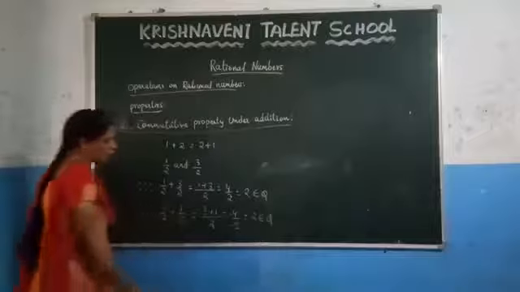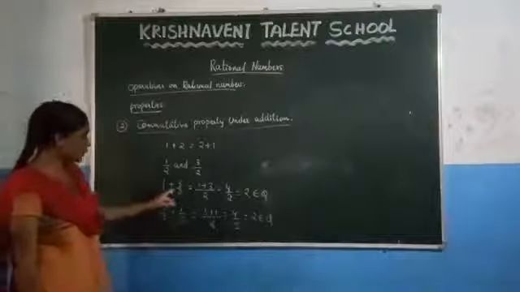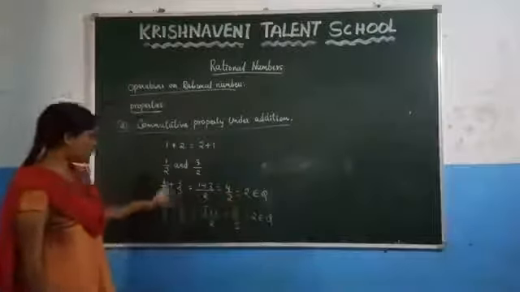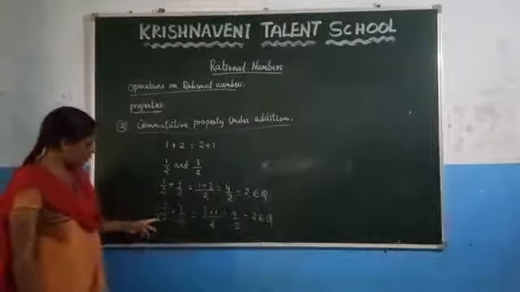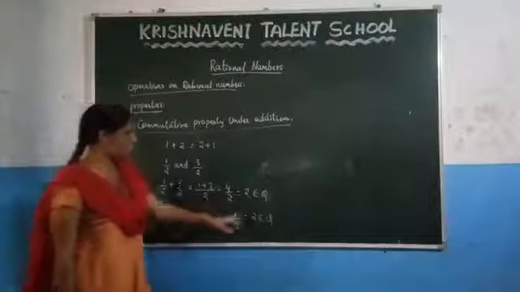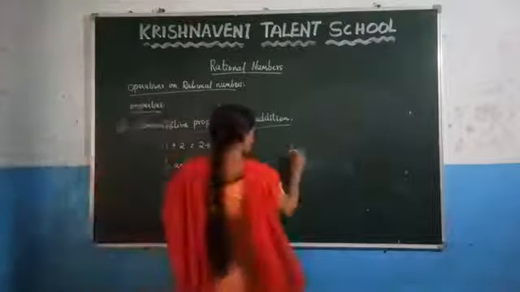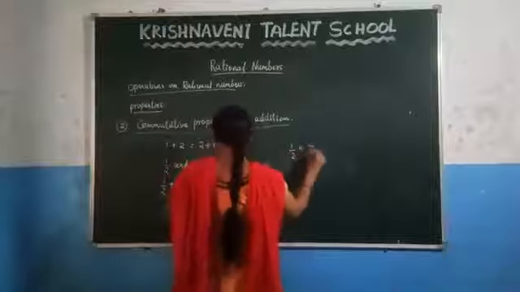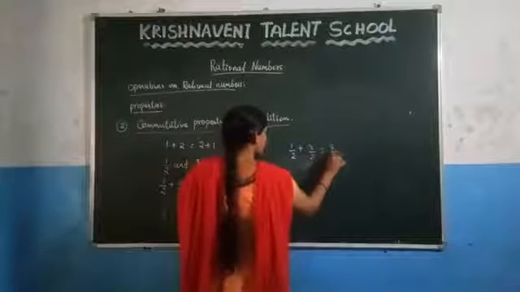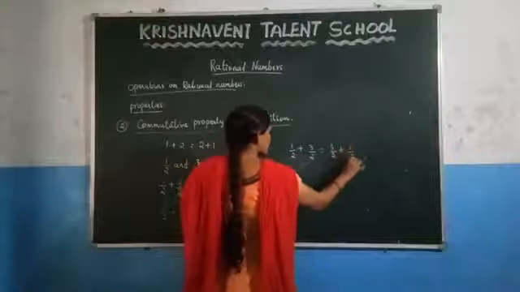Here you can observe that the value of 1 by 2 plus 3 by 2 is 2, and after changing the order, 3 by 2 plus 1 by 2, you are getting the same result, which is 2. From this you can conclude that 1 by 2 plus 3 by 2 is equal to 3 by 2 plus 1 by 2.